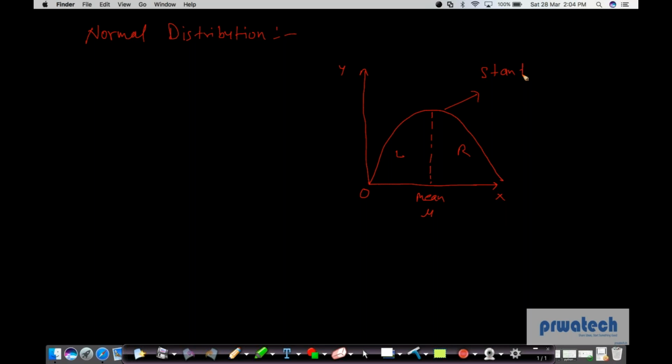We standardize our data. We'll see where we are applying this data standardization or data normalization concept in real-time applications.